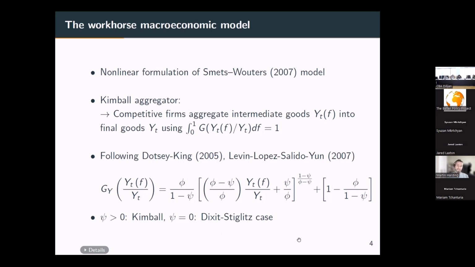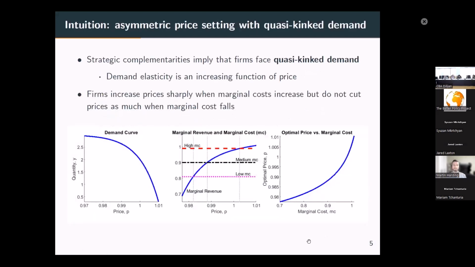Okay. Now, why does this framework generate the inflation dynamics in the model that bring the model closer to the data? I want to guide you through the intuition behind the mechanism. So the Kimball aggregator introduces strategic complementarities between firms. And this implies that effectively firms face a quasi-kinked demand, as you see in the left-hand side chart here.